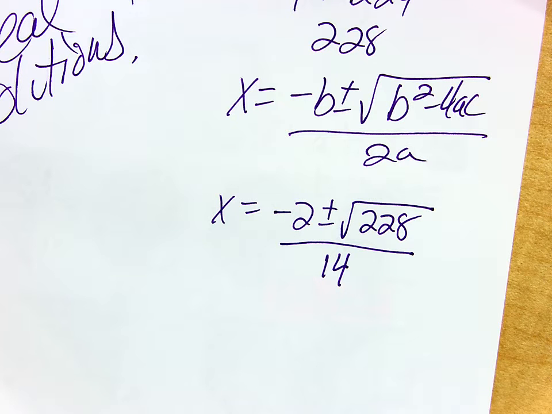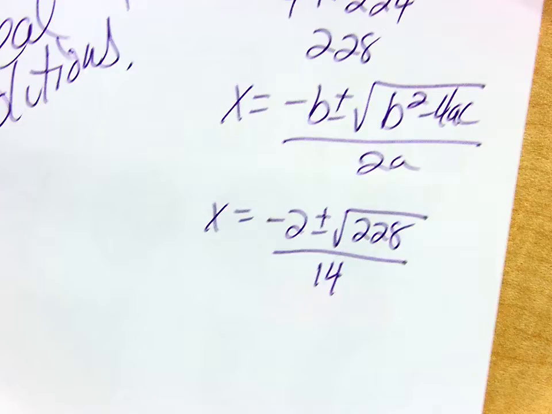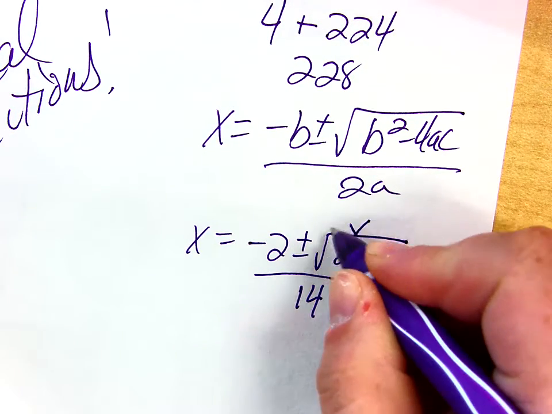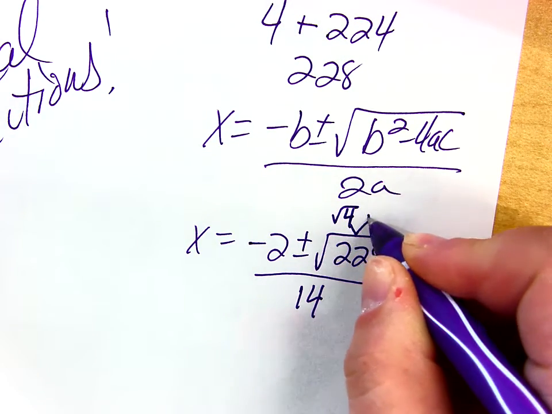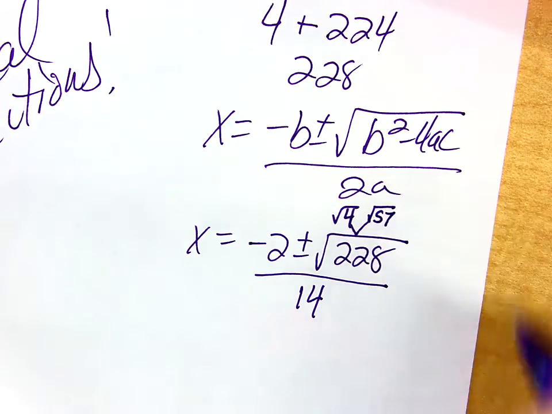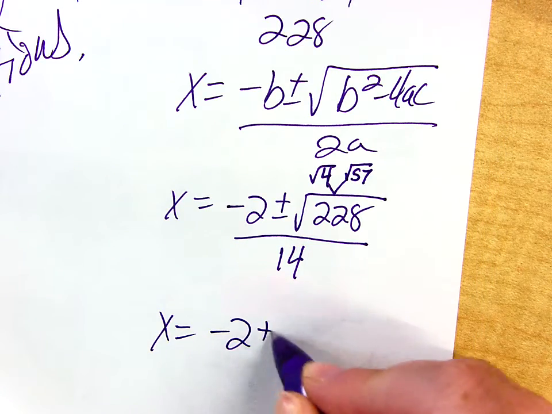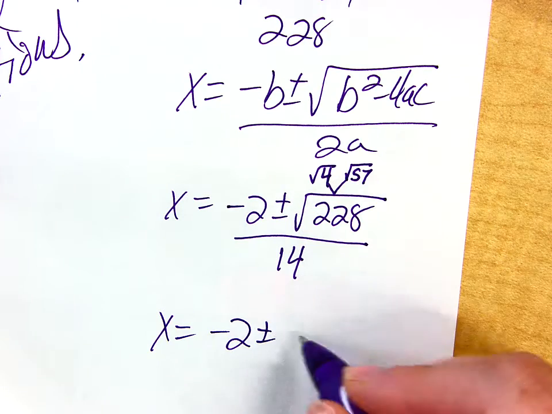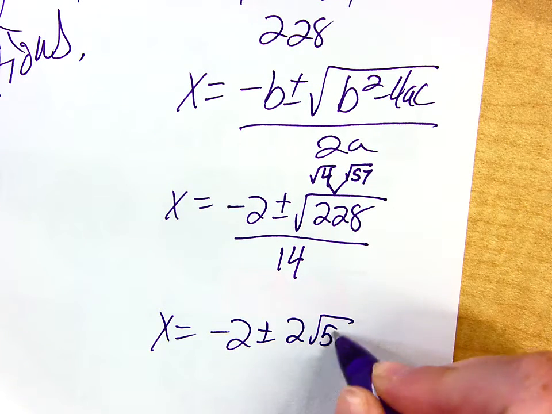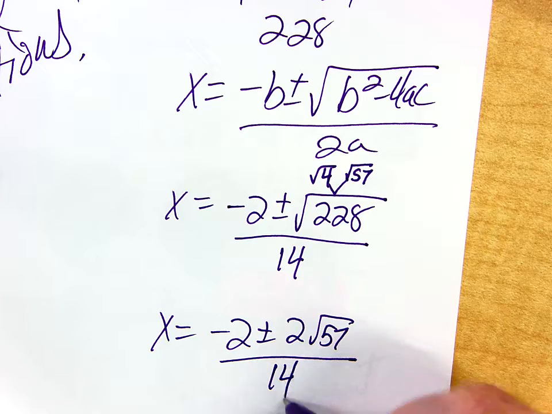And I know 4 is the biggest because when I do 228 divided by 4, I get 57. 57 does not have any perfect square factors, does it? No. So that means 4 has to be the biggest. So I'm going to split this up into the square root of 4 times the square root of 57. So how does this come out? Negative 2 plus minus 2 square root 57, all over 14.